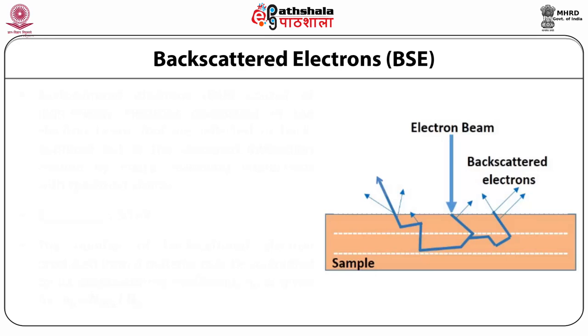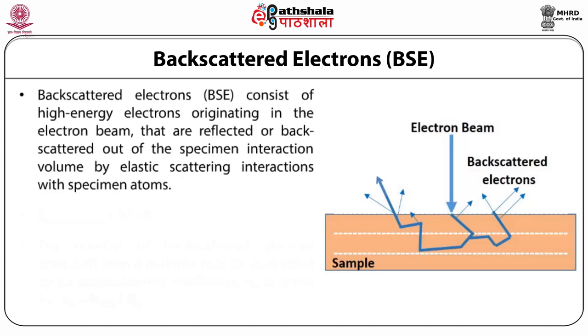Transmitted electrons completely pass through the material after interacting with it, while backscattered electrons are ejected from the top surface of the specimen at high angles. The transmitted and backscattered electrons can have energies from about 50 electron volts up to the accelerating voltage E0.